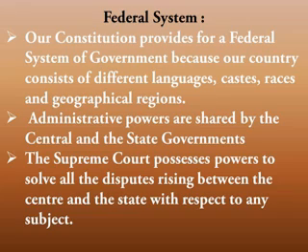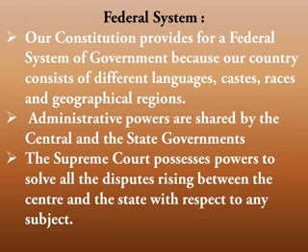Then the next one is the federal system. What do you mean by federal system? In a federal system, political authority is divided between two autonomous sets of governments. So we see the state and the center. In India, we see India is divided into the center as well as the states.